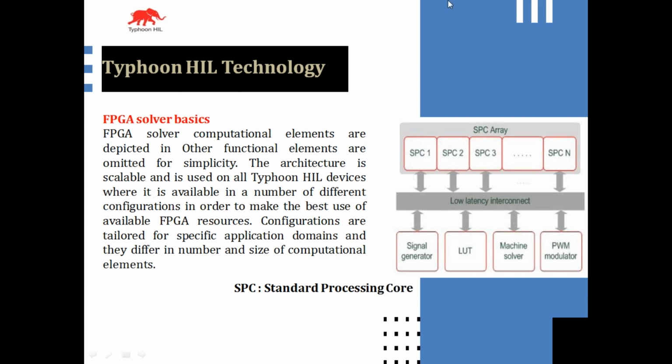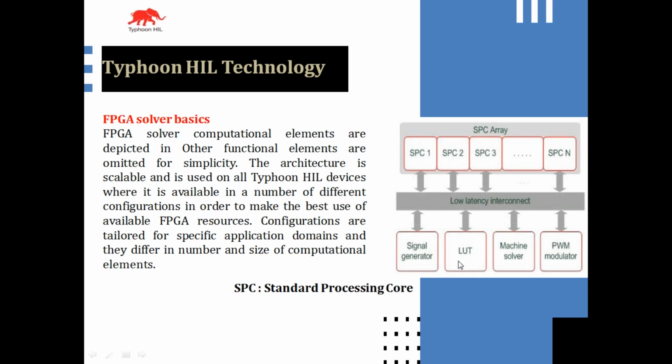Again, the number of signal generator channels depends on the solver configuration, the configuration in which you are working. According to your need, you have to change the configuration depending on how many signal generators you would like to use. In each configuration it is given how many signal generators you can use.